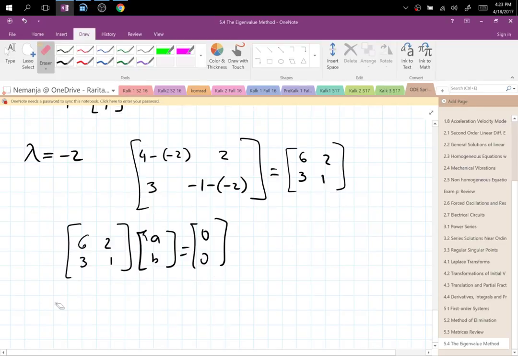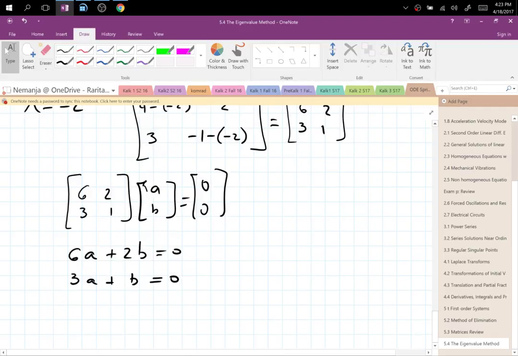So you have 6A plus 2B is 0, and 3A plus B is 0. Since these equations are dependent, I'm just going to strike one of the equations and realize that 3A is equal to negative B. So if I pick A to be 1, B better be negative 3.